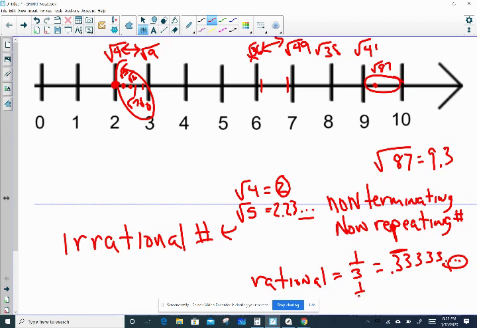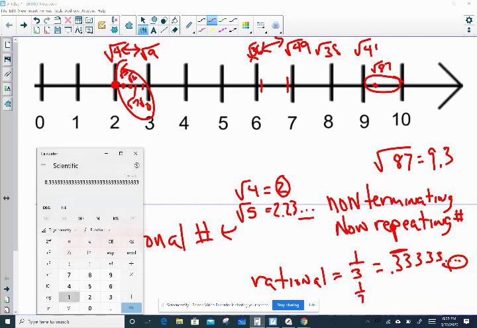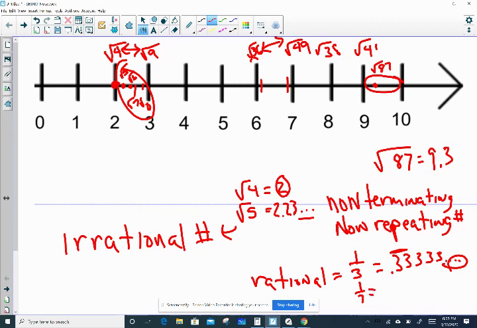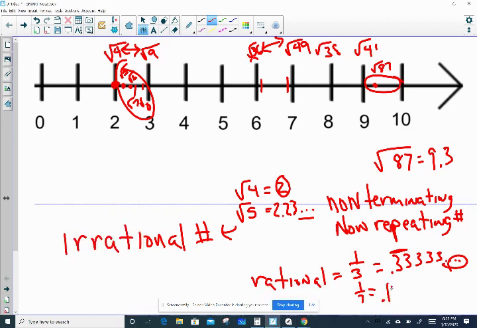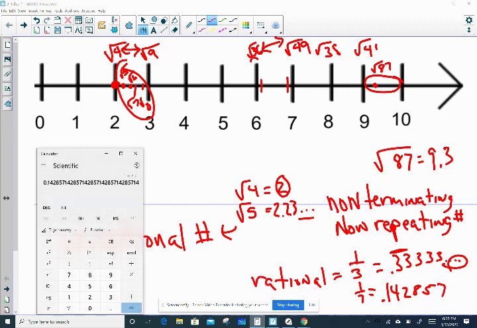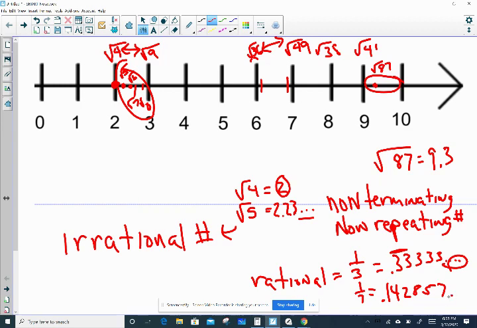So if I plugged in 1/7, 1 divided by 7, notice I have 0.142857. Look what the next 6 numbers are. Exactly the same. 142857. This is a repeating decimal that goes on forever. It's a rational number. So if I can find numbers that repeat, they're a rational number.